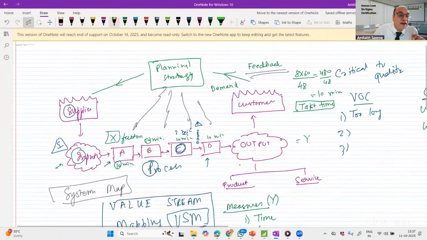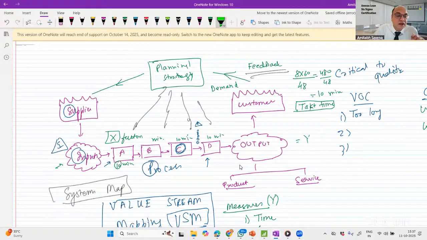Why is it known as value stream map? It tells you how the value is created in the organization and how the value flows. Suppliers give you the inputs, the value gets enhanced as it goes through the processes, then the output, and the customer receives the product from which the customer derives a value.